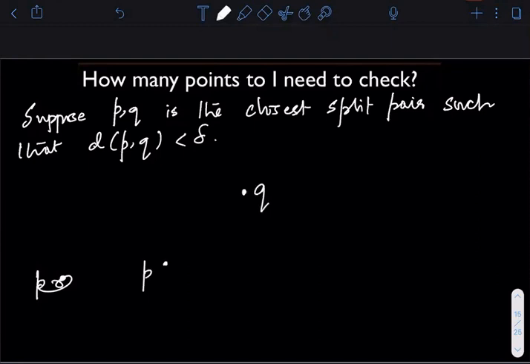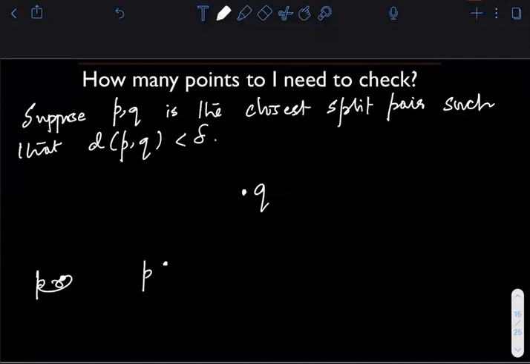Remember, both of them have to lie inside this thin strip S, because that's where I'm going to restrict my search space. I'm not going to go beyond that. Now we are going to do a thought experiment. This is not an algorithm yet. We will see how this leads to an algorithm.